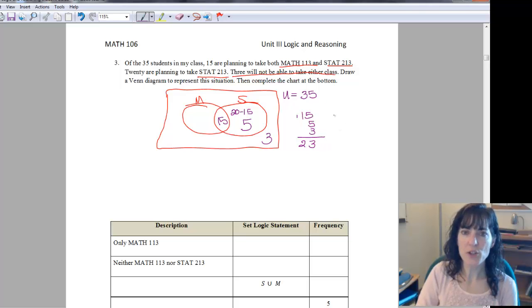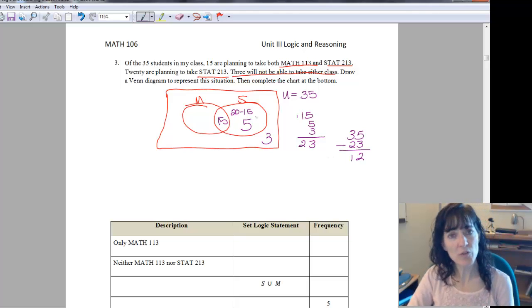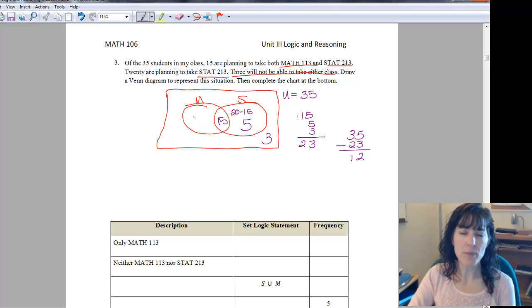And we said the universe is 35. So I have 35 minus 23, so that's going to give me 12 people. So I have 12 people who are not accounted for yet on my Venn diagram, and so I know they have to go in this position here for the Math 113 only.